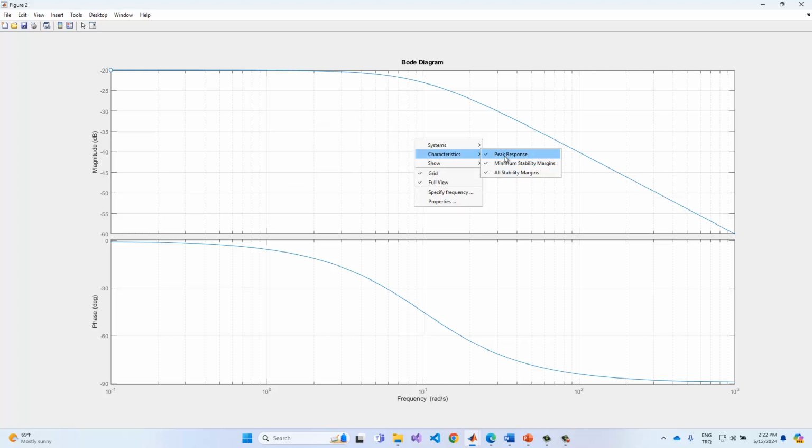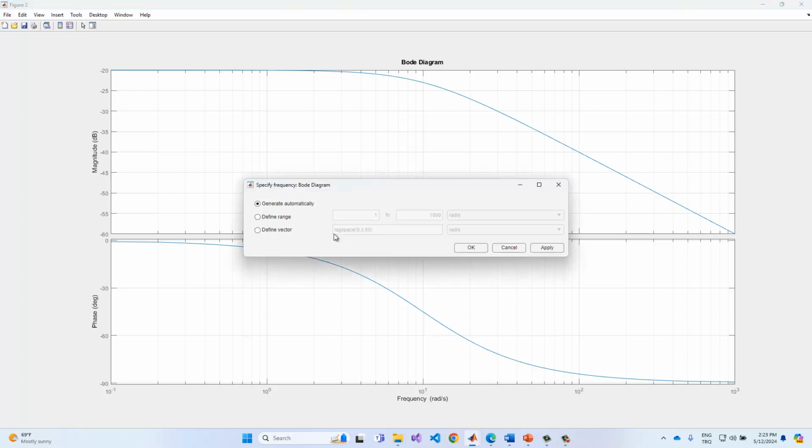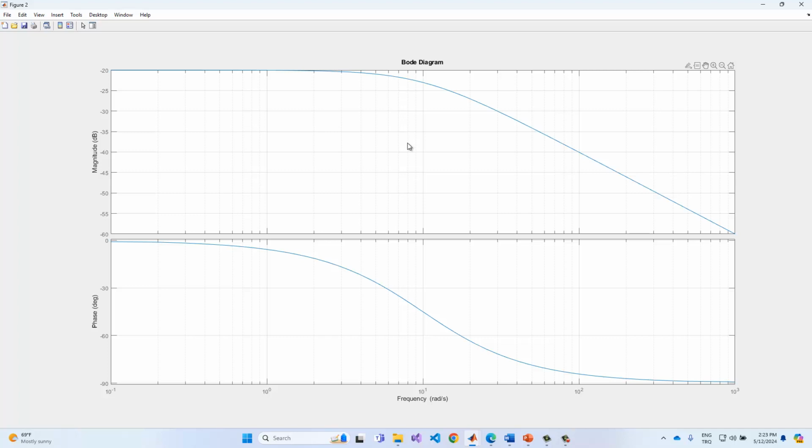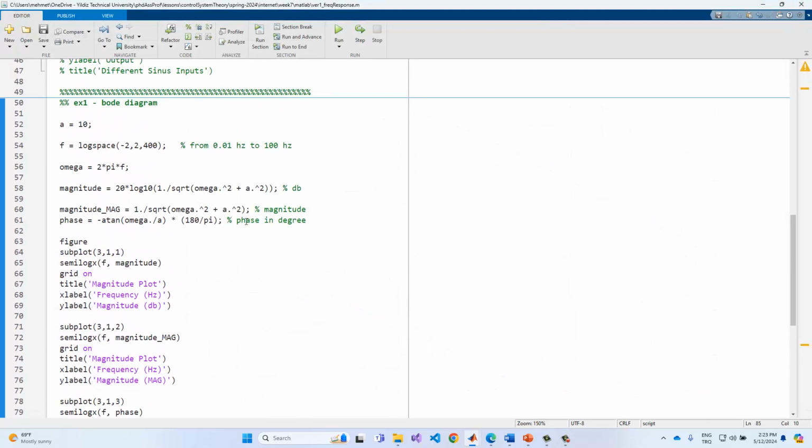The all stability margin can be seen at this one, okay? But we cannot show this property because this system cannot be evaluated at these times, okay? But in the next examples we will consider all of these things by hand and with MATLAB code, okay? But this code is similar to our codes, okay? But this is the basic calculation of the Bode diagram in this case.